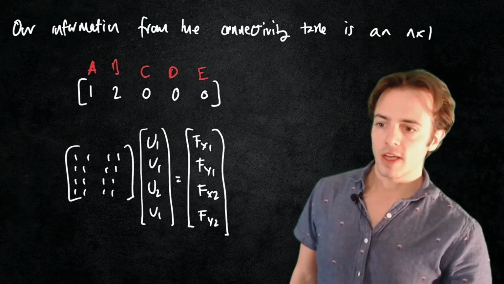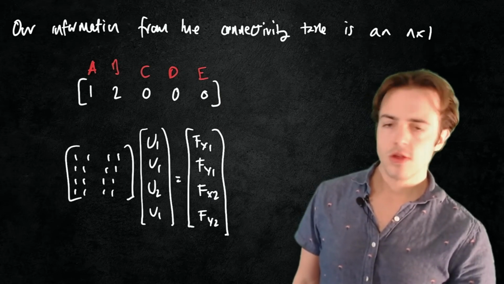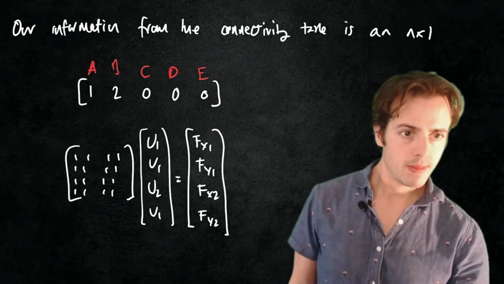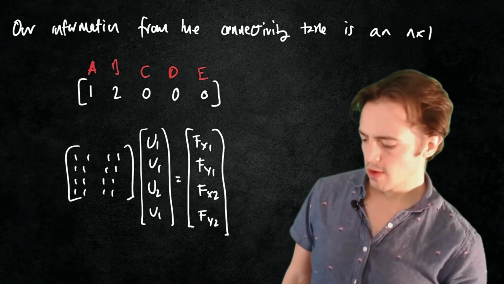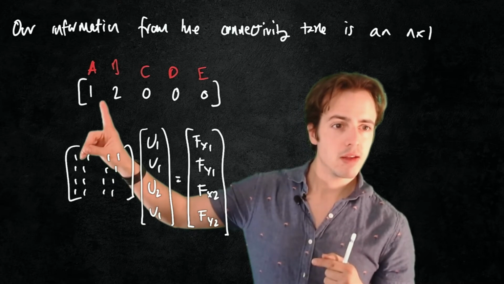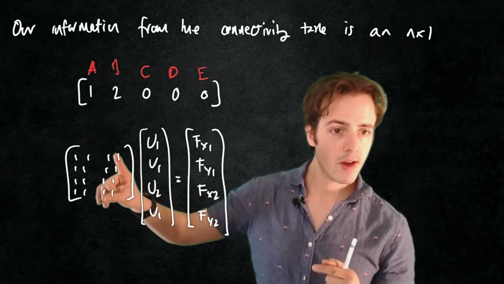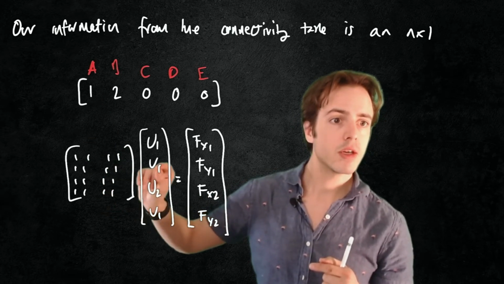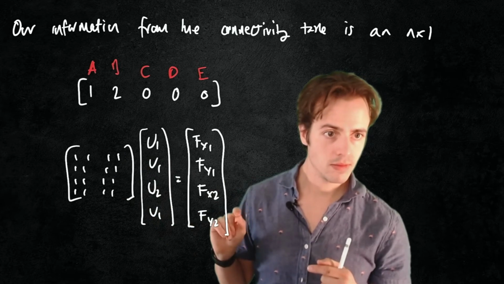Now here's where it gets a little bit confusing. Each node has 2 displacements, a U and a V. So what I really want to do is say, okay, if I see a 1, take the first and the second row and the first and the second column.